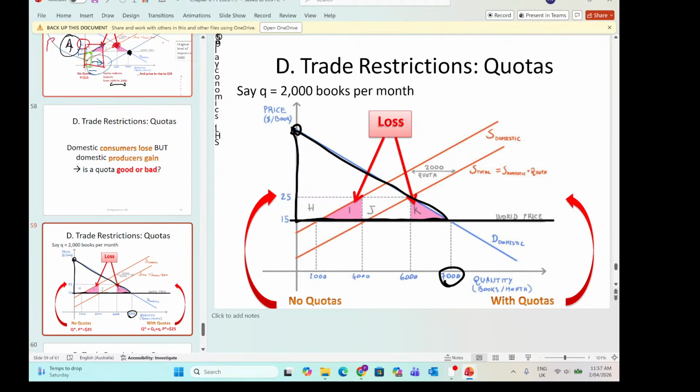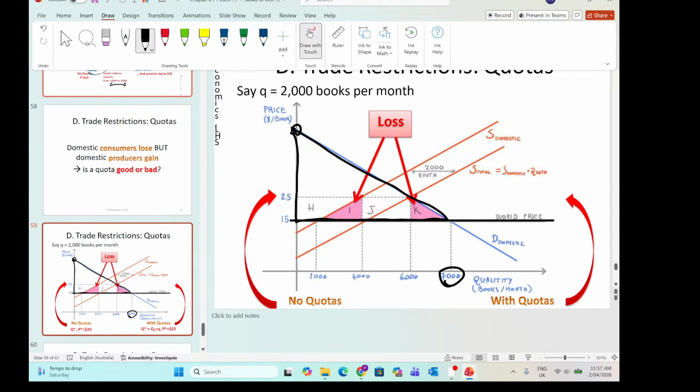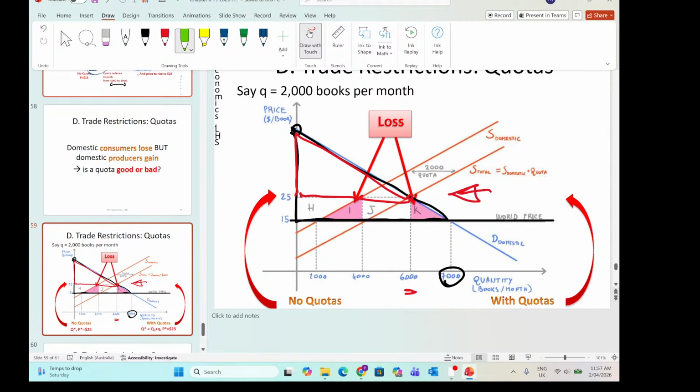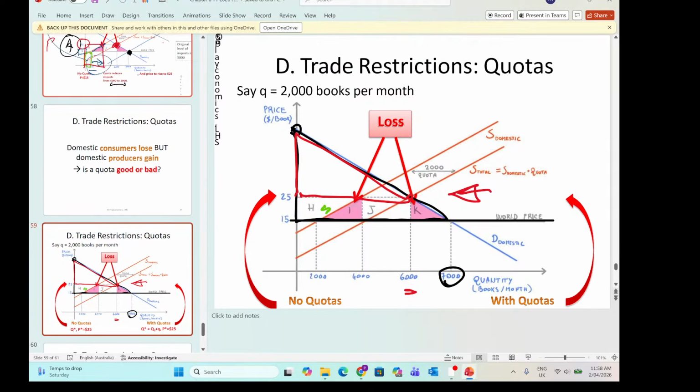But once the quota is in place, and the level of imports moves in, at the new price, which is 25, consumers only buy 6,000, and so the consumer surplus is now the red triangle, and I'm just going to put 4 green dots here to show what the consumers have lost. The consumers have lost H, I, J, and K.